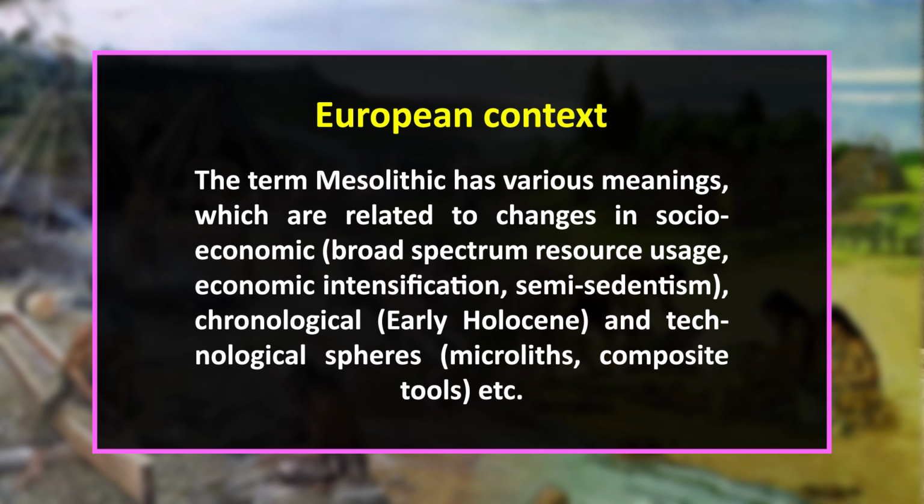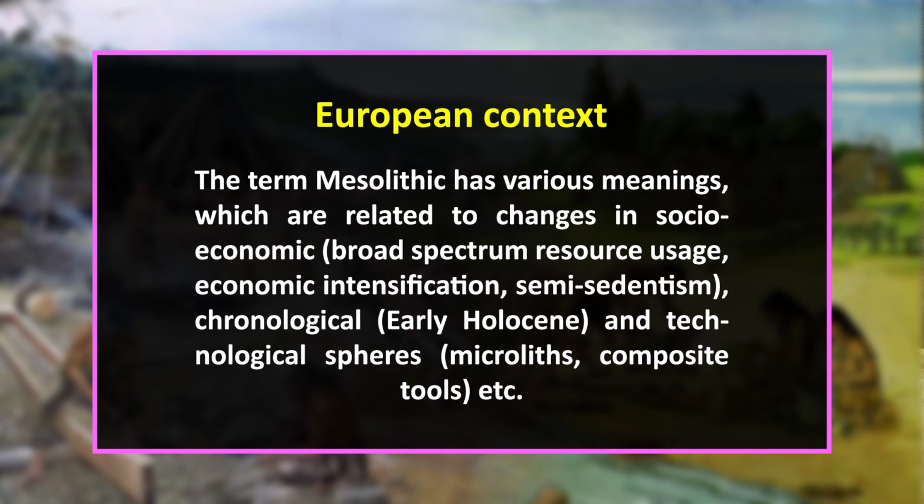First, socio-economic, meaning broad spectrum resource usage, economic intensification and semi-sedentism. Second is the chronological, which means the early Holocene, and third is the technological sphere, including microliths and other composite tools.